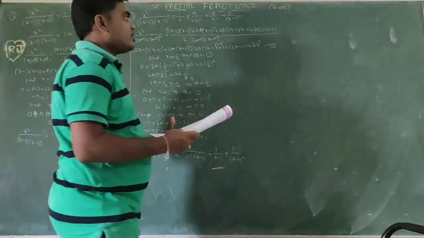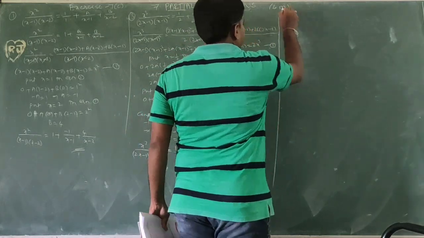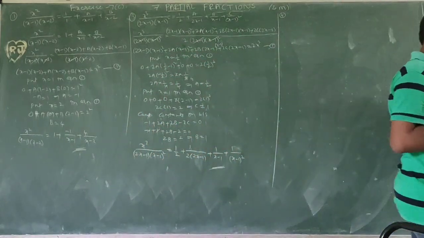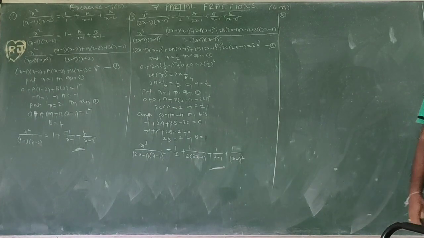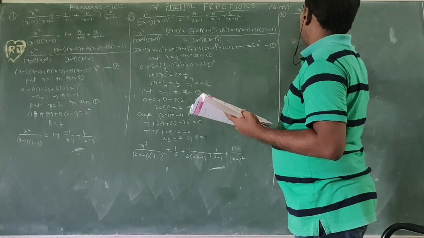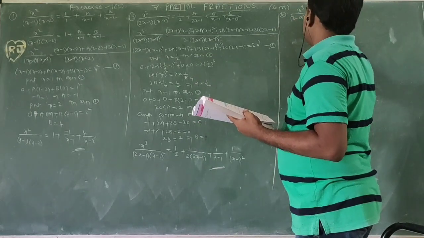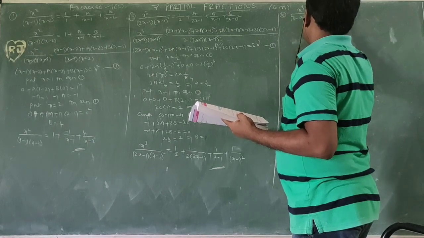Now we will discuss fourth question. Fourth one, x cube by x minus a, x minus b, x minus c.